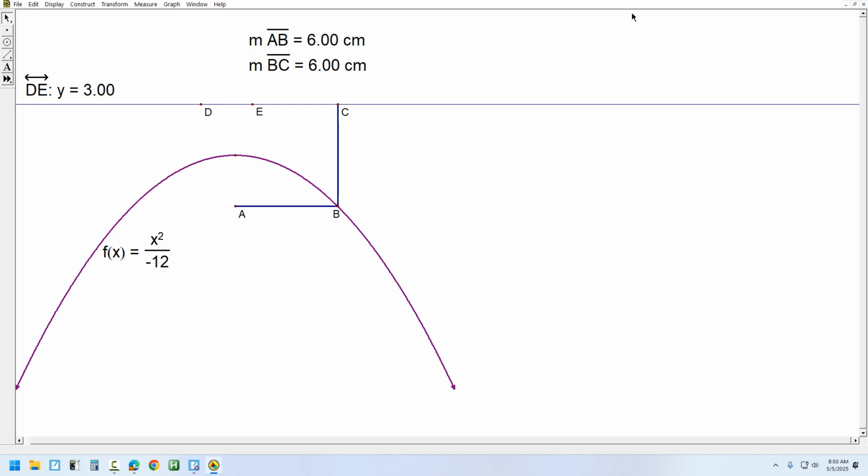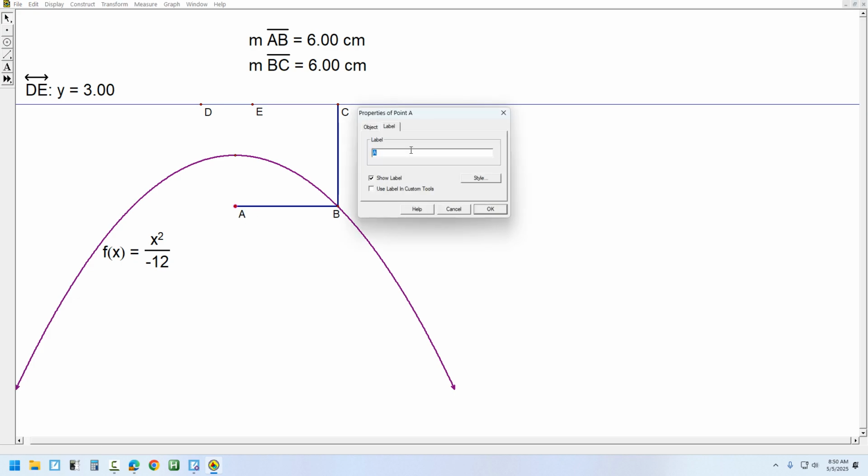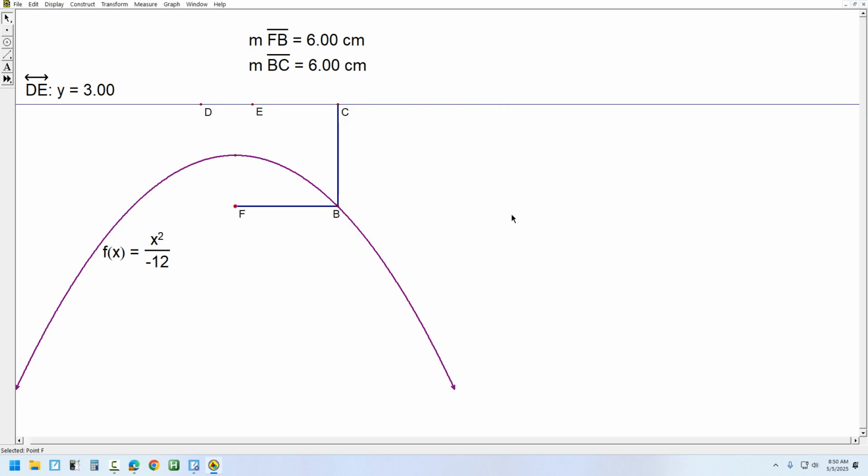But this, let me see if I can rename that F. I don't know if I can. Maybe. Okay, yeah, so F, that's the special point that is going to be called the focus. And that blue line at the top, I have to name it with two letters because that's how this program works.